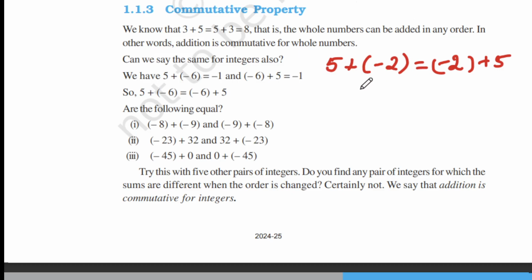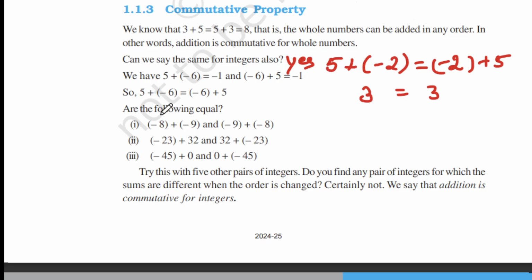So 5 minus 2 is just equal to 3, and minus 2 plus 5 is also equal to 3. So both are the same. Yes, it is the same for integers as well.